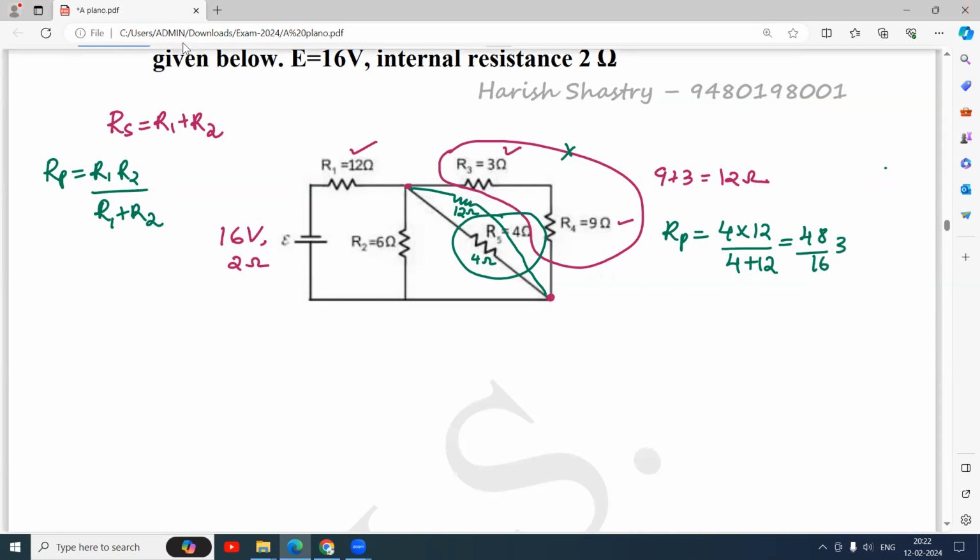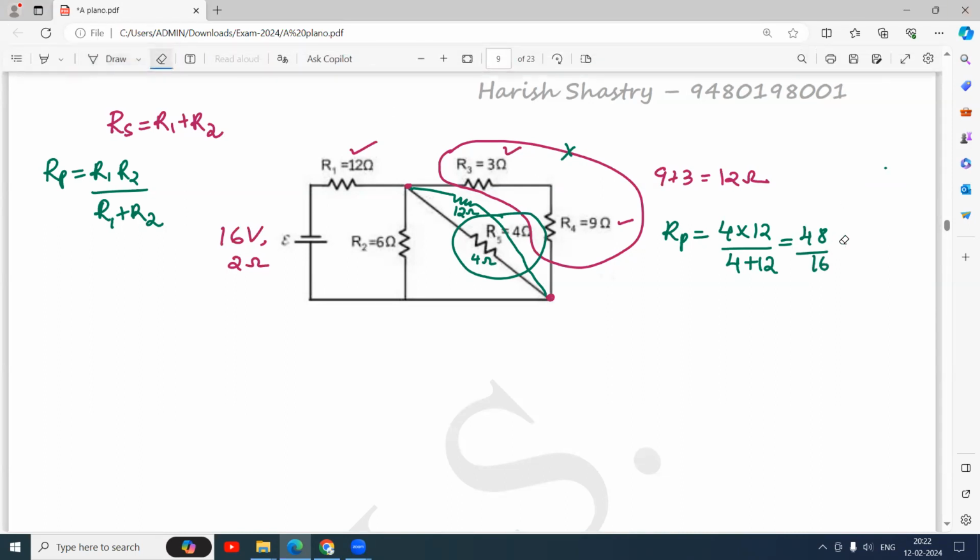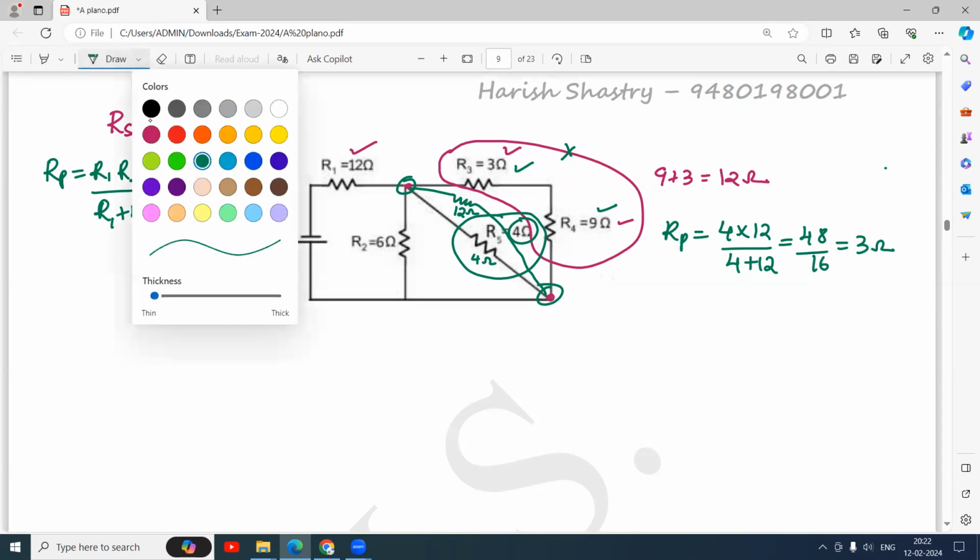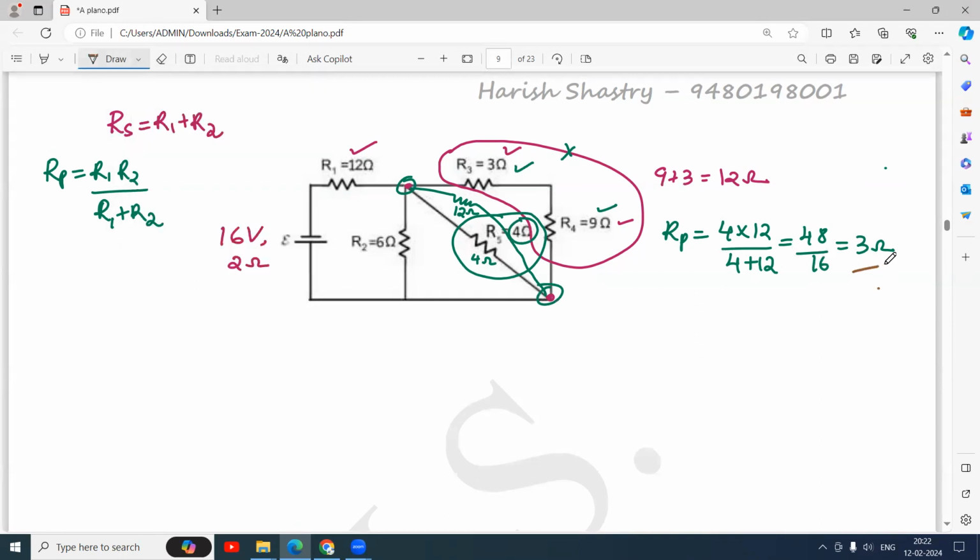So we have replaced 3 resistors now. Finally, we got the equivalent as 3 ohm. So 3 and 9 in series, 12 parallel to this 4, gives 3 ohm. That 3 ohm has to be replaced between these 2 points, in parallel to this resistor. So I can replace that 3 ohm here.